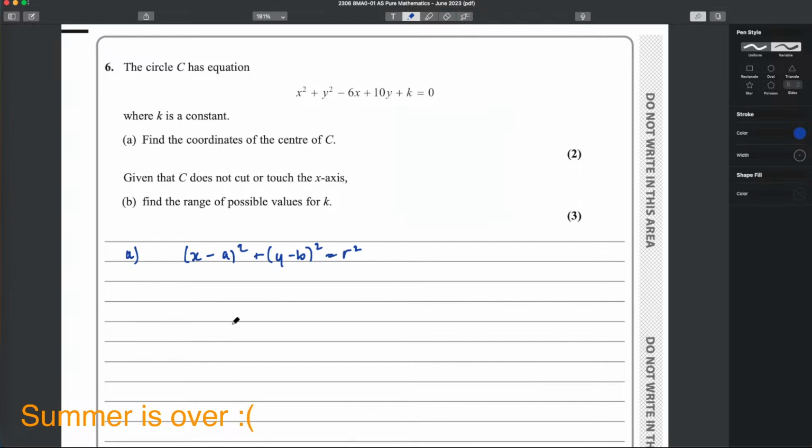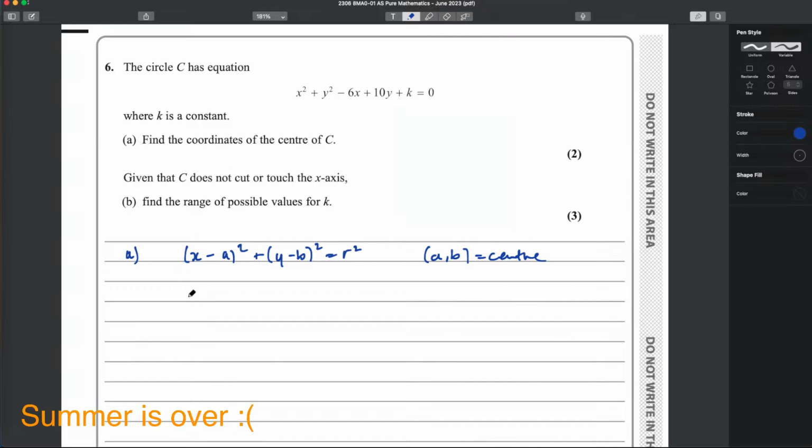This is the general form of a circle where a and b is the center. Root k on one side. So if we can get it in this form, we can just easily read off the center.